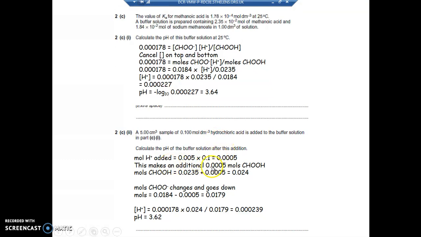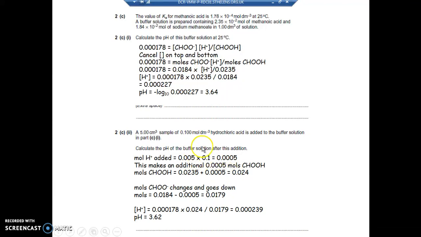Okay. Now, what does that do? Well, it puts an extra 0.0005 moles of acid into the solution. So I get an extra number of moles of H plus in the solution. So my number of moles of methanoic acid has just gone up by 0.0005.